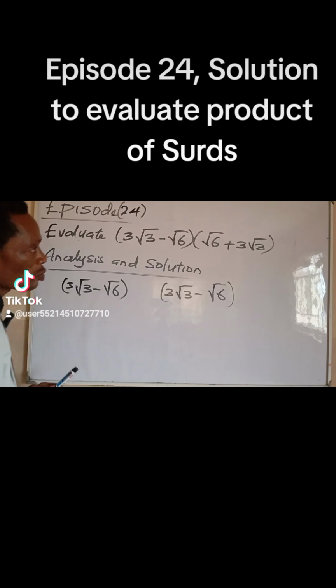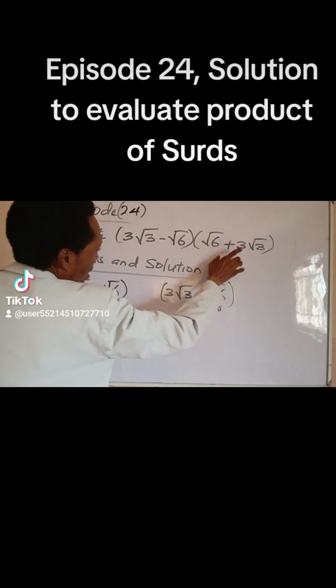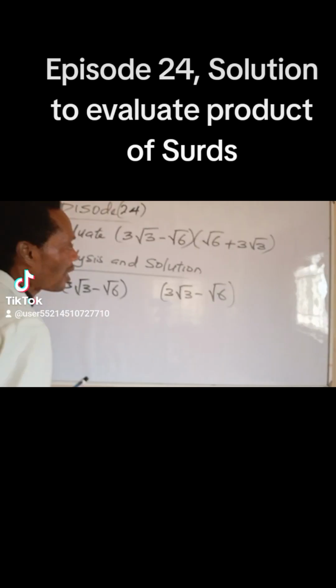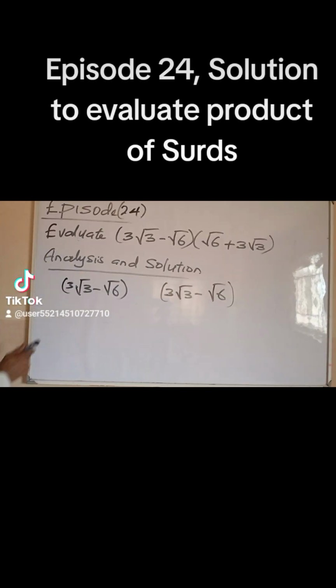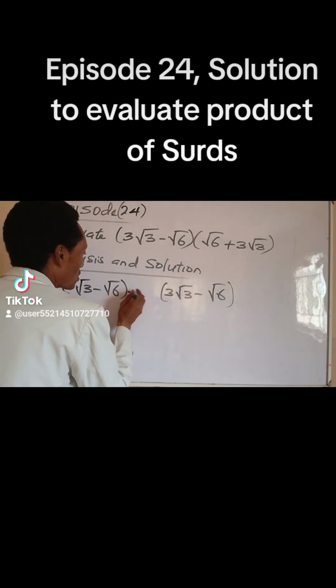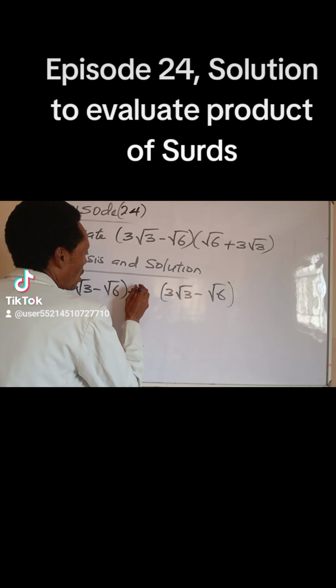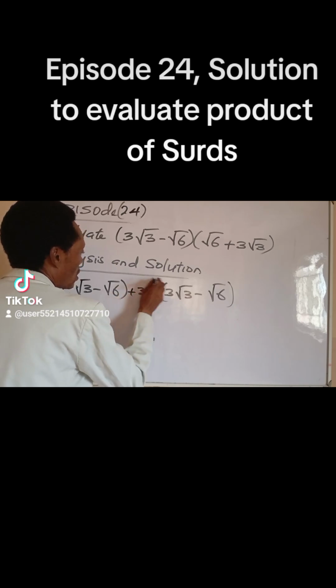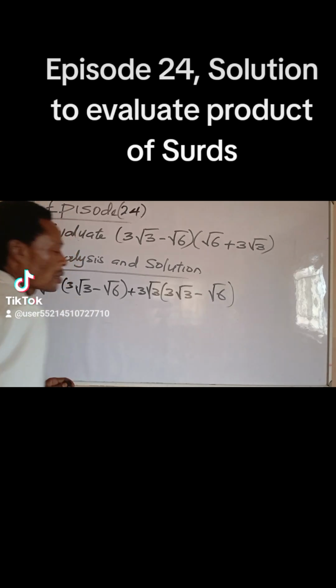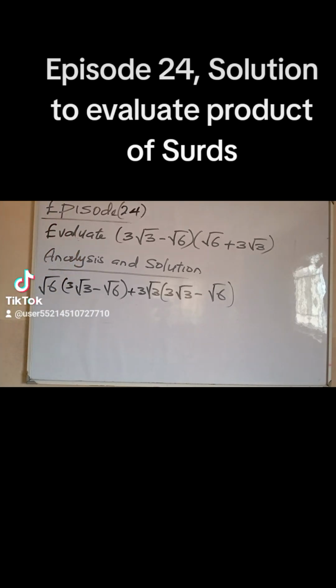So all I need to do now is distribute the terms in my second bracket. This is √6, and then plus 3√3. Now this is how to arrange it for easy expansion.